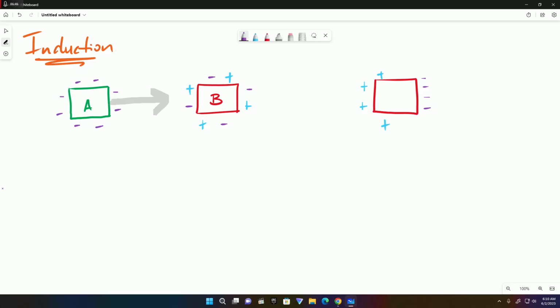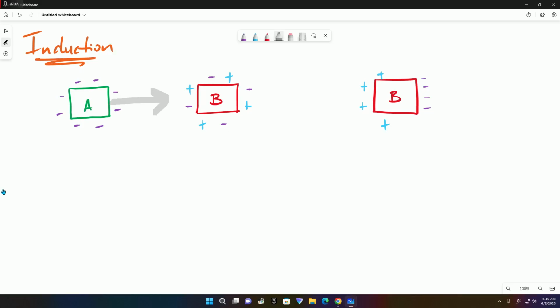Now, if you bring A and B close enough, like if you make them physically touch, you might have some movement of charge. But anyways, that's beside the point. B now has two distinct regions after you brought A close to it.